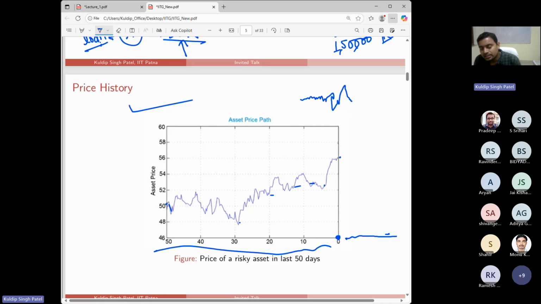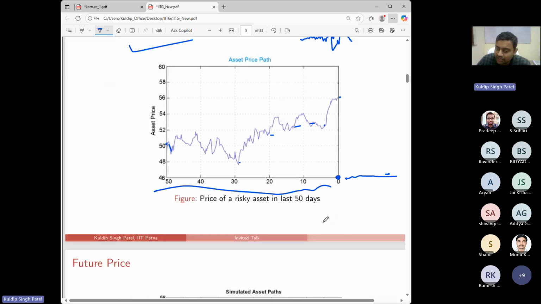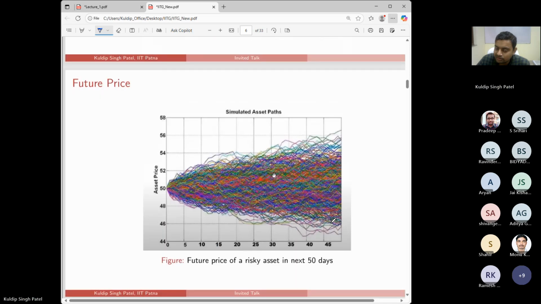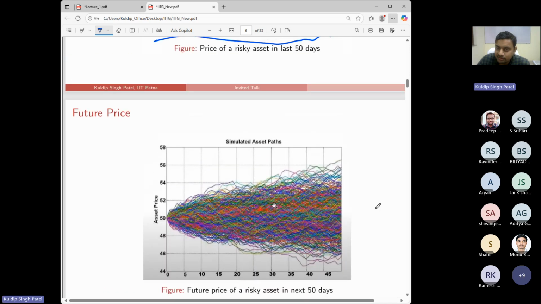So I'll pose some research questions also. Those faculty members or students who want to work in this domain, they can take those problems, and we will try to understand the basic idea also. Okay. So how will the future price look like? Because future price we don't know what it will be.